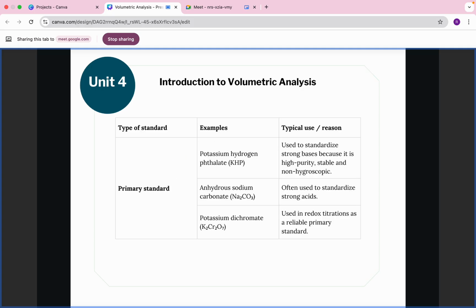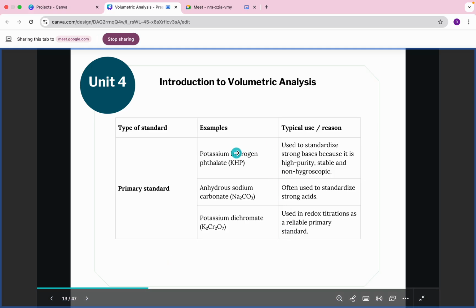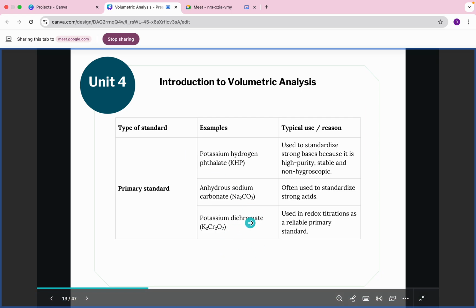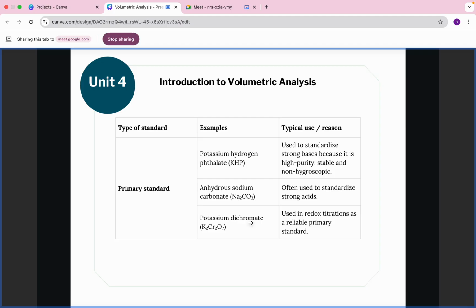We have here examples of the primary standard. In acid base, the most common one is potassium hydrogen phthalate. You can also use anhydrous sodium carbonate, and for redox, we can use potassium dichromate. So what's the importance of using these primary standards?